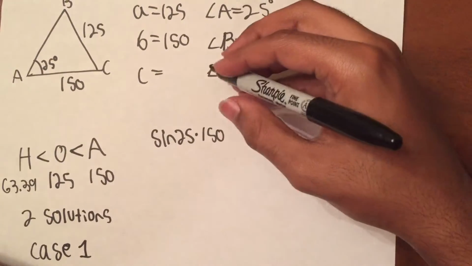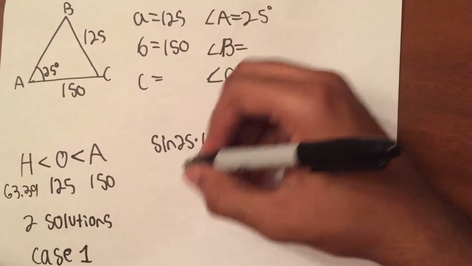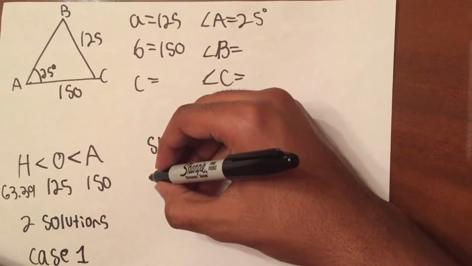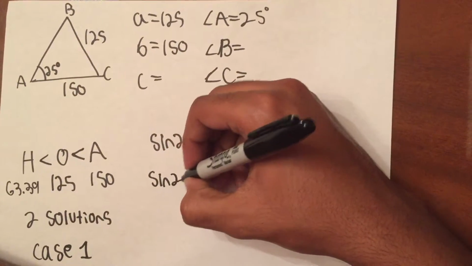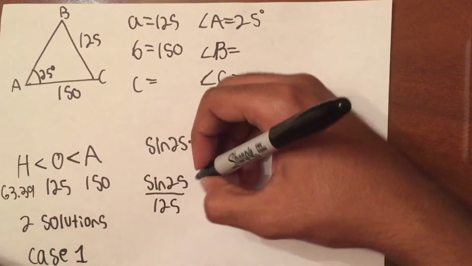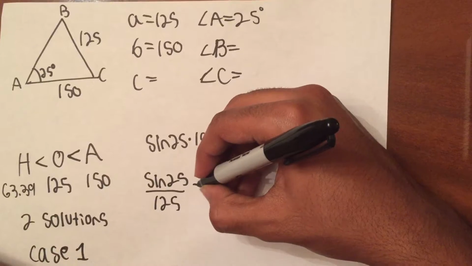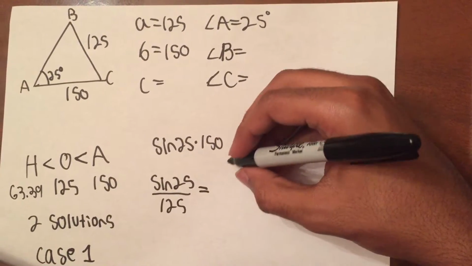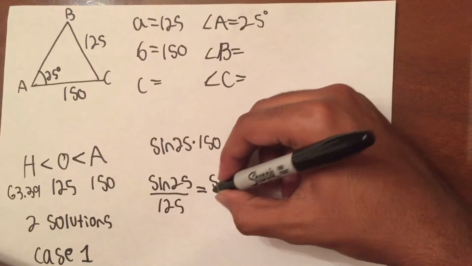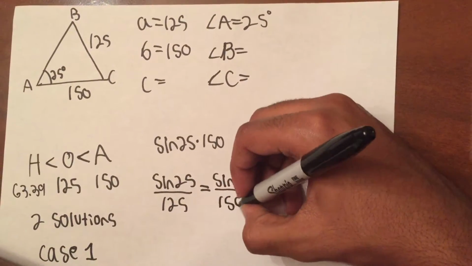First thing you want to do is make a ratio, just use a lot of sines to make a ratio. So we're trying to find angle B: sine 25 over side 125 is equal to sine B over 150.